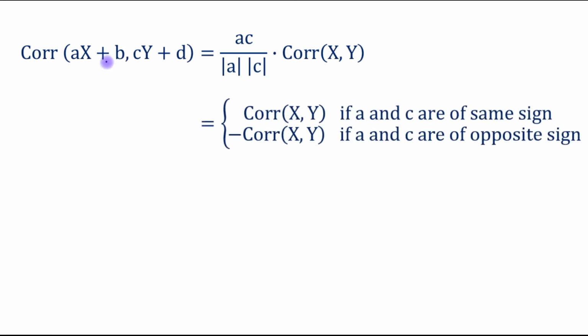Correlation between ax plus b and cy plus d is equal to correlation between x and y if a and c are of same sign, and this will be equal to minus of correlation between x and y if a and c are of opposite sign.